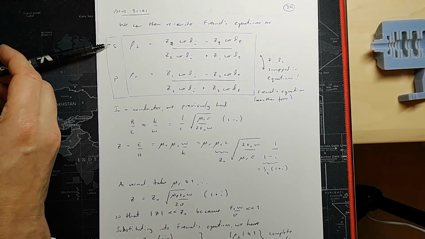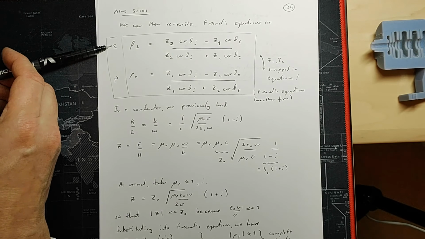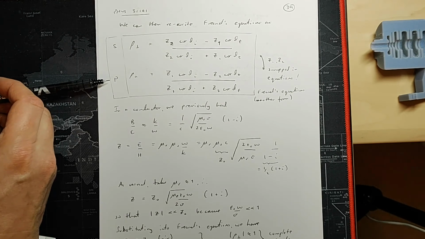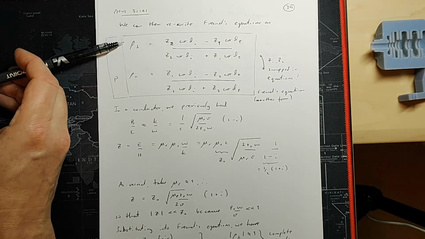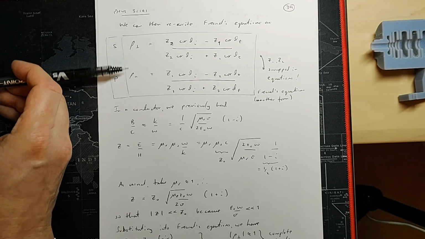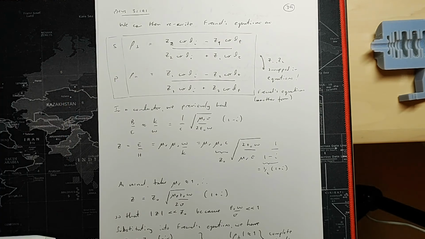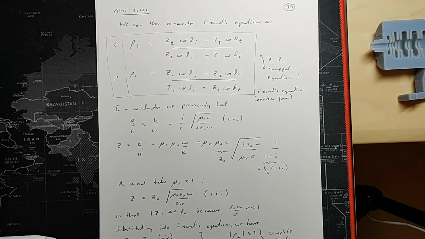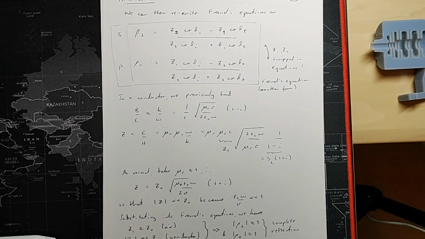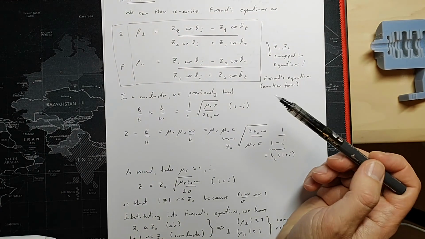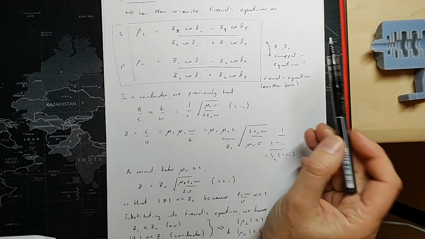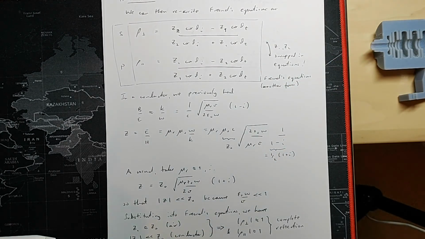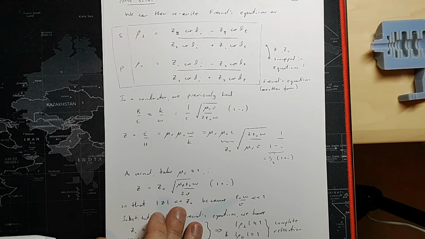So for my two components, the S-polarized component and the P-polarized component, I can express the reflection coefficients in terms of impedances, and I can now look at what this means if I have something other than a dielectric.